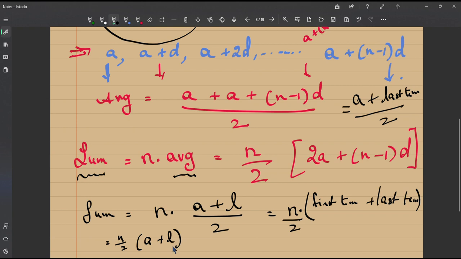So now, even if we do not know the common difference D, we can still arrive at the sum of an arithmetic progression using n by 2 into (A plus L).